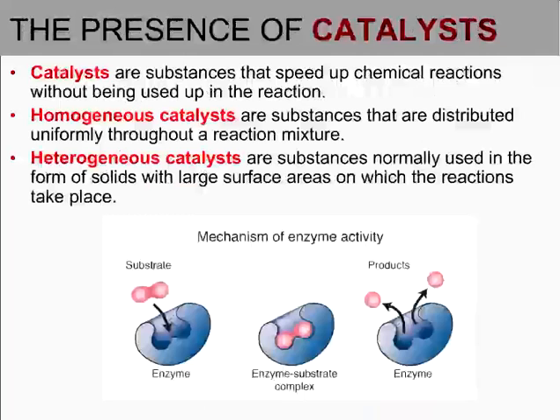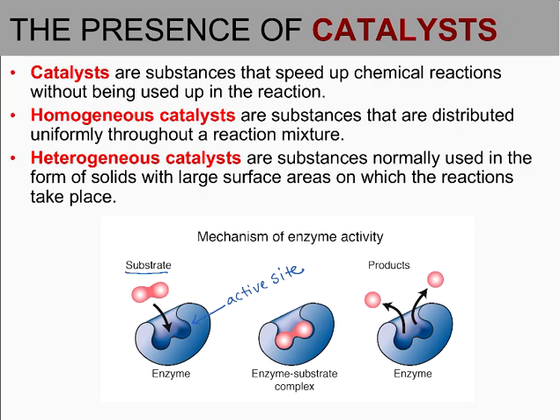So the way an enzyme works is it has what's called an active site, and this is where a reaction can take place. So our reactant will be called a substrate, and it's going to deposit itself onto the enzyme.